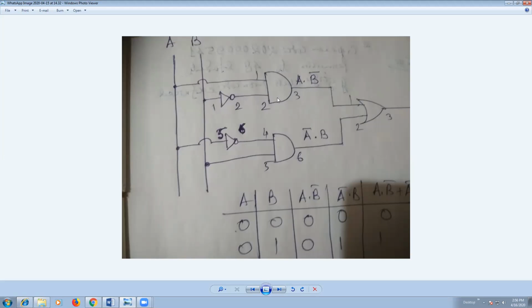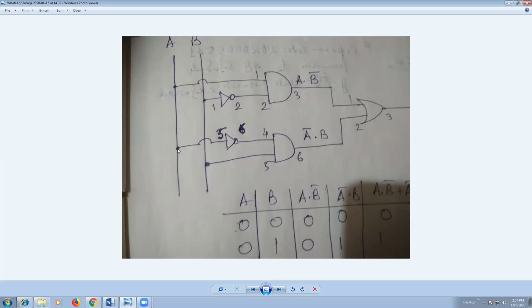Okay, and similarly for A bar dot B, we have to take pins 4, 5 and 6 of 7408, that is the quad 2 input AND gate IC, where 4 and 5 are input and 6 is output. Pin 5 is the input and 6 is the output of the NOT gate IC 7404.